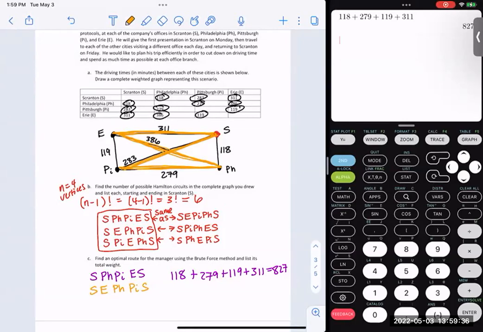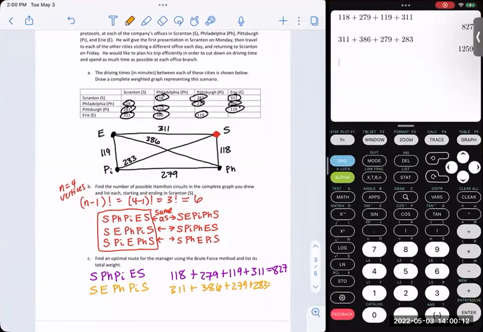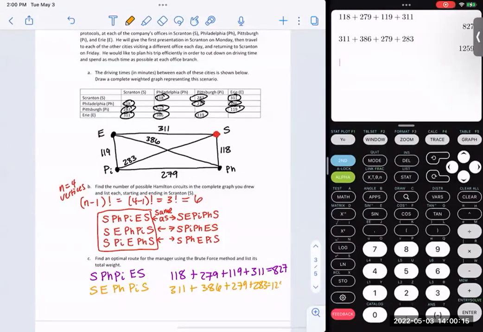So 311 plus 386 plus 279 plus 283. My guess is that one's not going to be the best. I'm getting 1,259 on that one. So yeah, definitely not the best one.